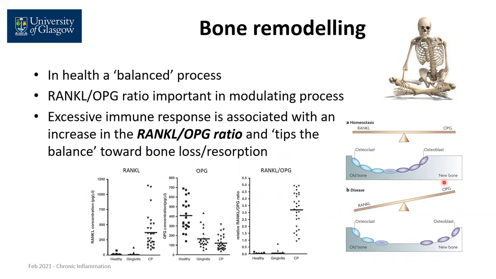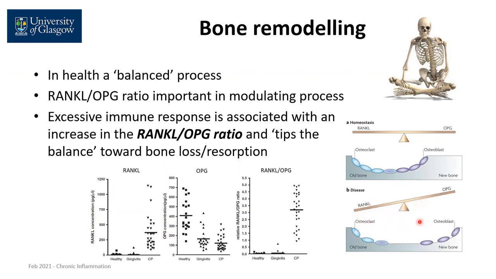And this is highlighted quite nicely in these two figures here. So this figure on the right-hand side shows that in tissue homeostasis, you have a nice balance between RANKL and OPG, and basically old bone is resorbed and new bone is formed in its place by the osteoblasts. In disease such as gingivitis, you get a shift in the ratio.